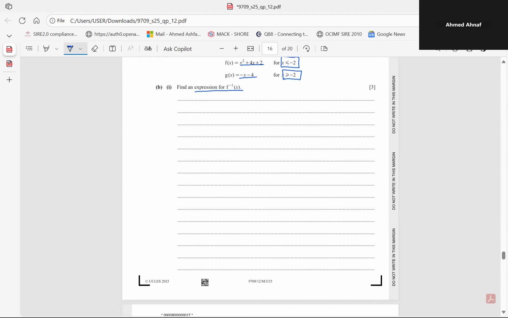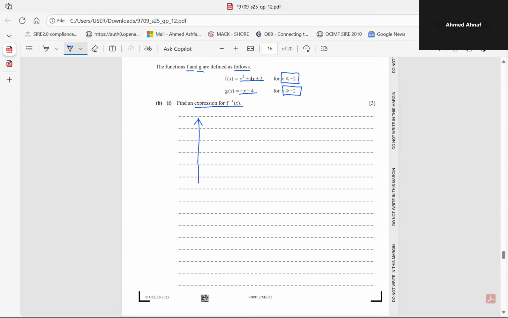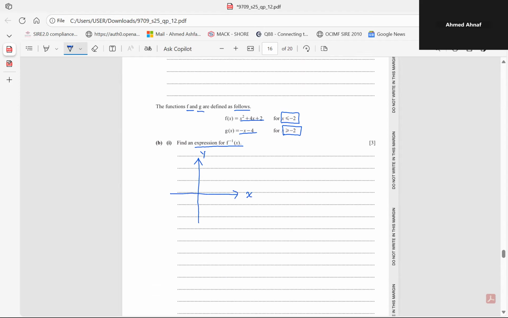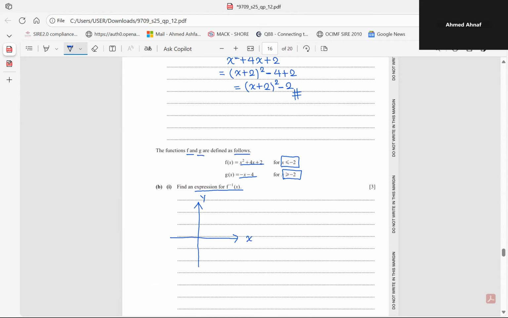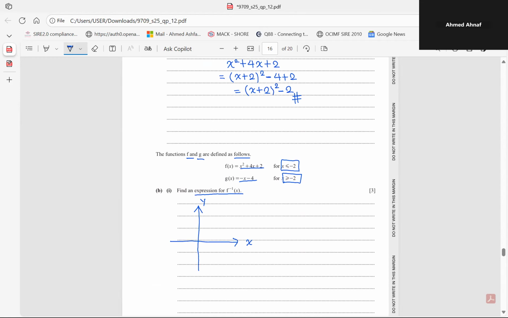Okay, so first of all, let's sketch f(x). So the domain for f(x) is less than or equal to -2. Now, what do we know about -2?